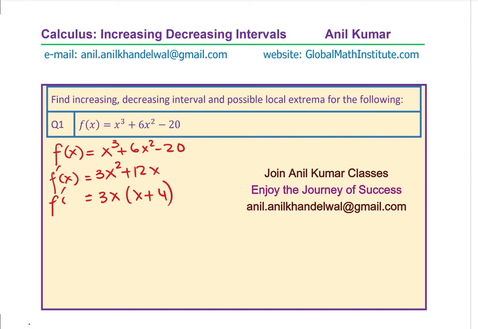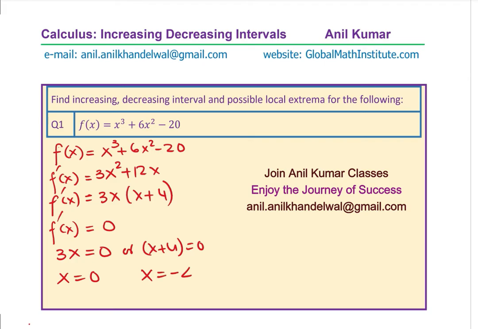So that becomes the derivative in factored form. So in this case, when is this derivative equal to 0? Well, this derivative is equal to 0 if 3x equals 0 or x is equal to 0, or if x plus 4 equals 0 or x equals minus 4.